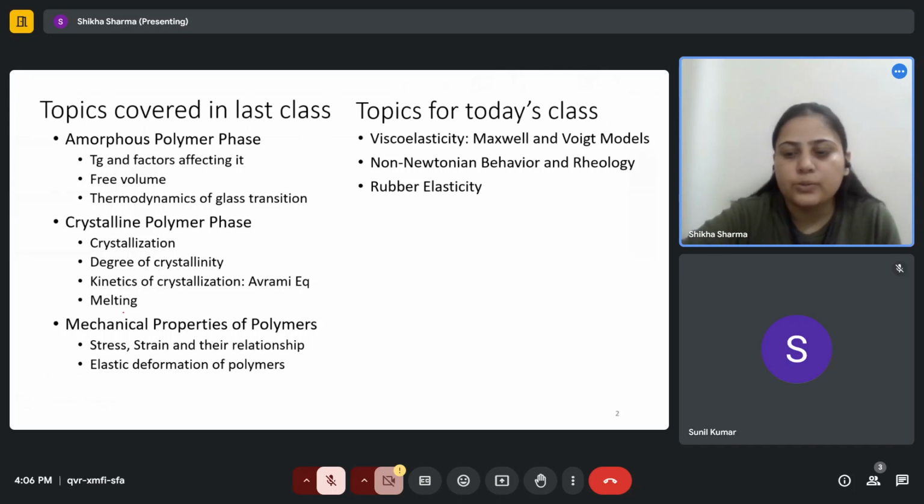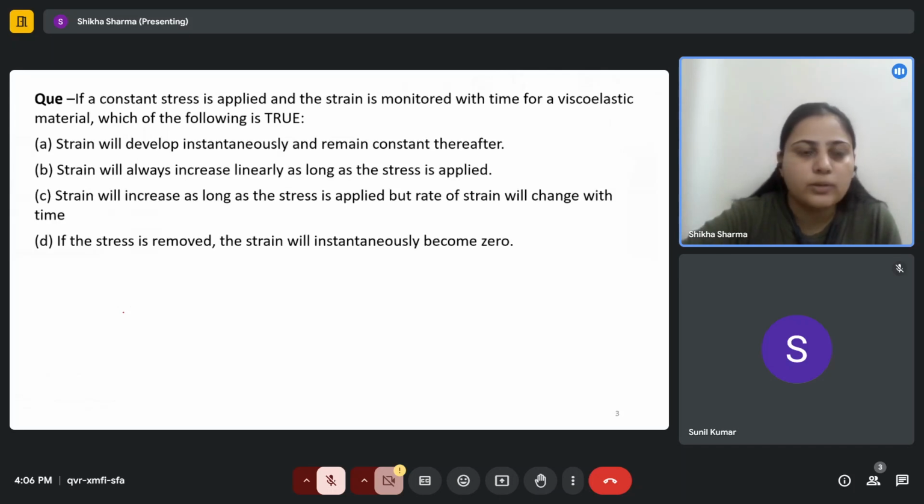Okay, so let's begin with the first problem of today's interaction class. So the first question is, if a constant stress is applied and the strain is monitored with time for a viscoelastic material, which of the following is true? A. Strain will develop instantaneously and remain constant thereafter.